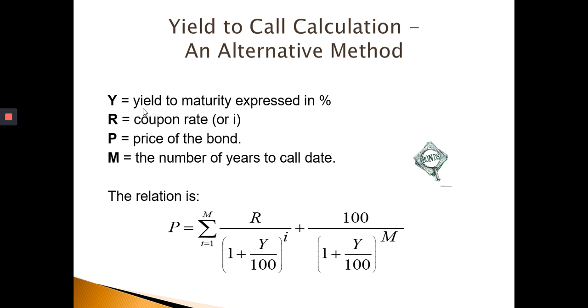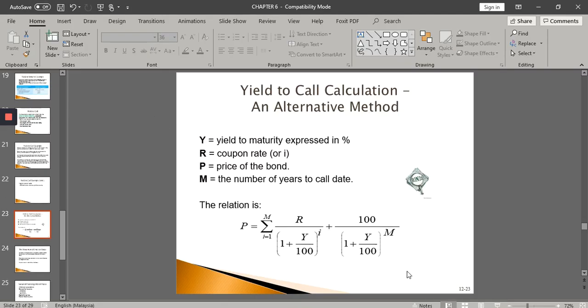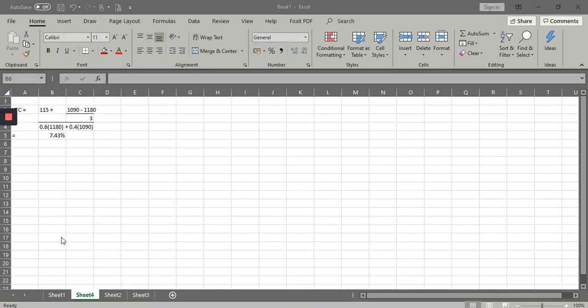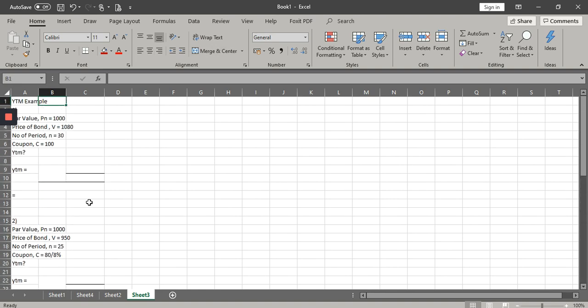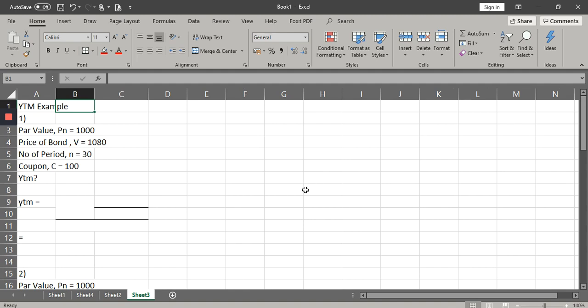All right, so before we move into the next part, let me give you practice questions, right? So you need to practice as well. All right, so class, here are the 4 examples you are required to calculate.